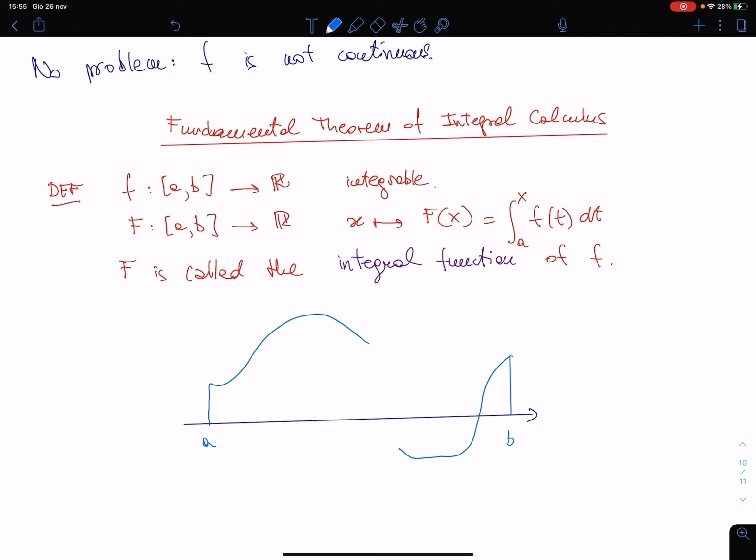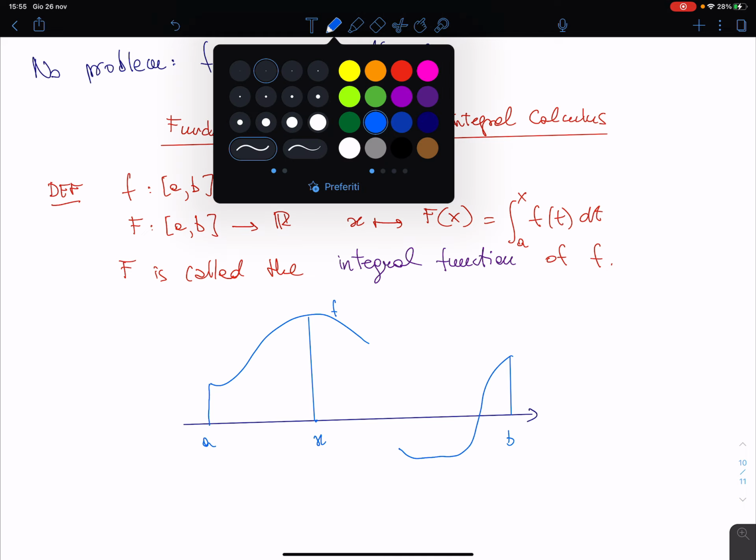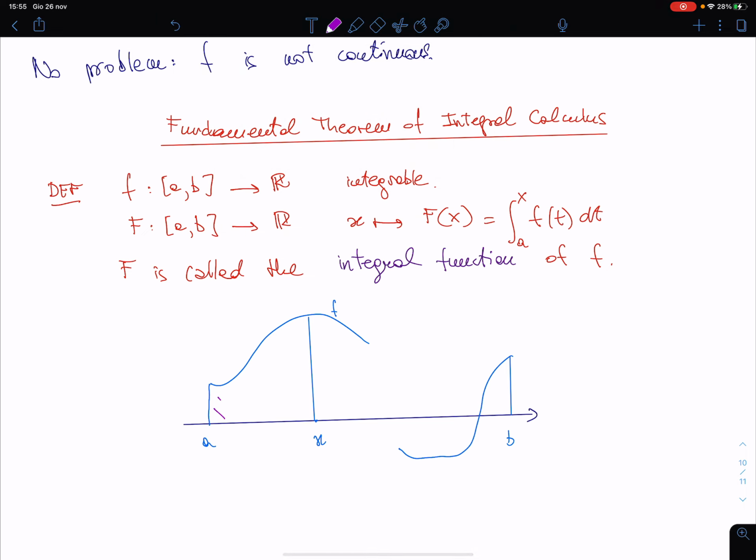And if you consider x here, the area between the graph of the function f, small f, and the interval [a,b], so this purple area here, is exactly corresponding to this integral, so it is capital F of x. So this is capital F of x.